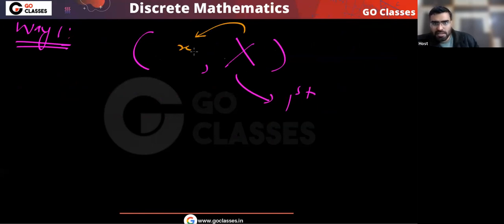So first you make X, then one of them you put here. To make this X, it can be any subset, and then from that we are selecting one of them.